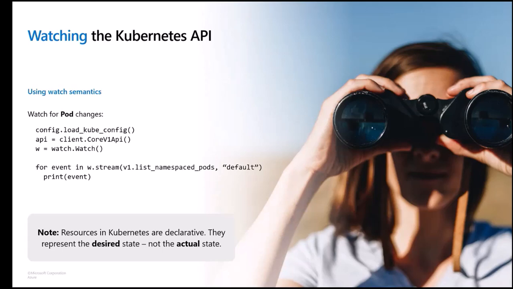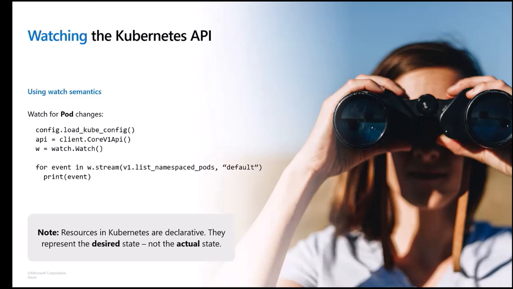But there's something else that we need to be aware of inside the API. Because things are happening declaratively and because Kubernetes runs on events, we have this concept of watching the API. So a great example of this is that pod that I just created. I might not want to return success to my user until I know that that pod is running and that it's healthy and that everything looks as it should.